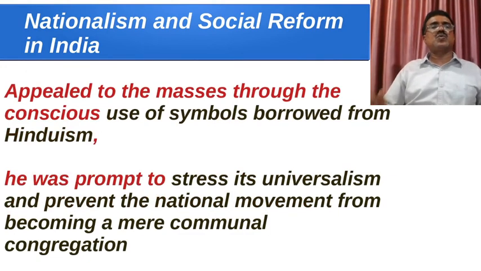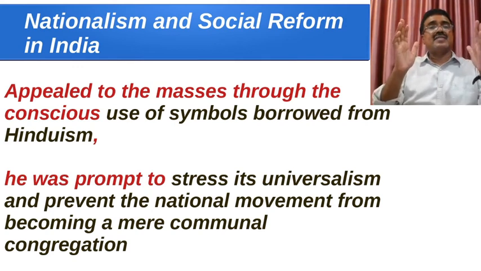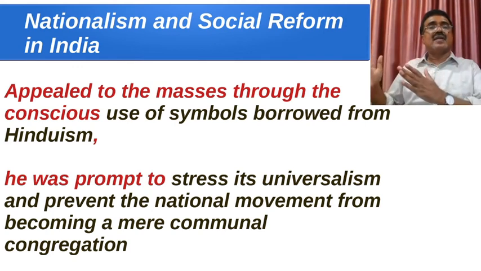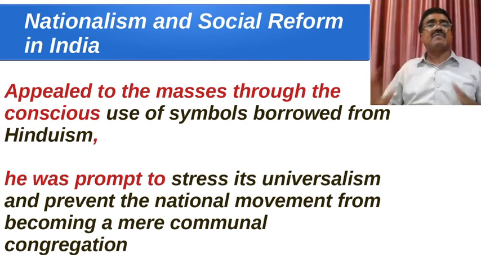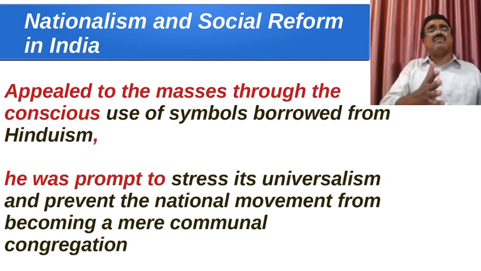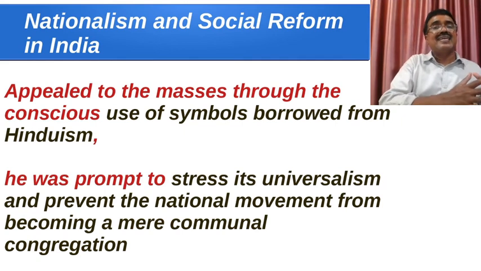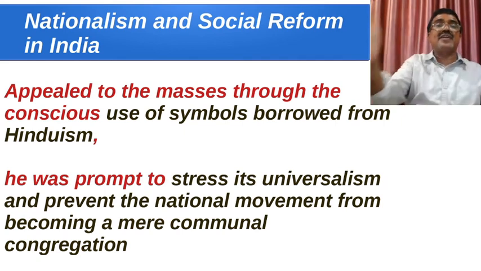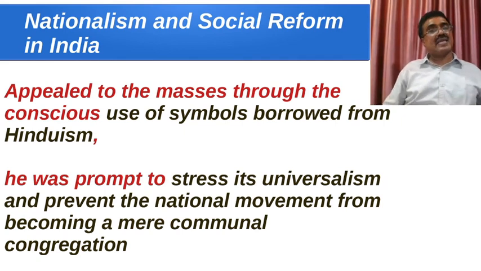He made appeal to the masses through the conscious use of symbols borrowed from Hinduism. He had the concept of Ramaraja. He had the concept of other symbols from Hinduism. He used them, but he was prompt to stress their universalism. His Ramaraja concept was different from the religious nationhood advocated by some others. Ramaraja was all encompassing.